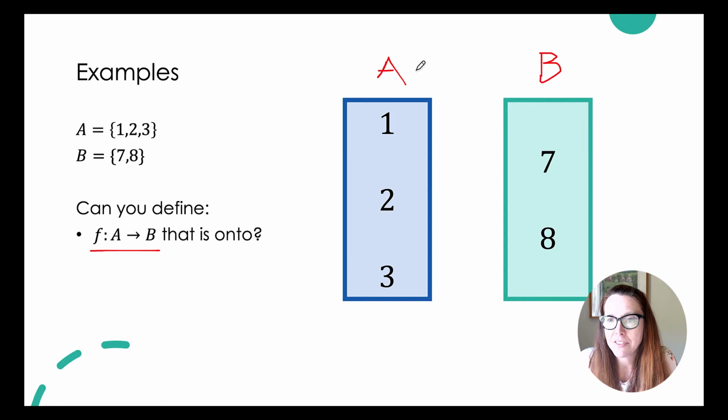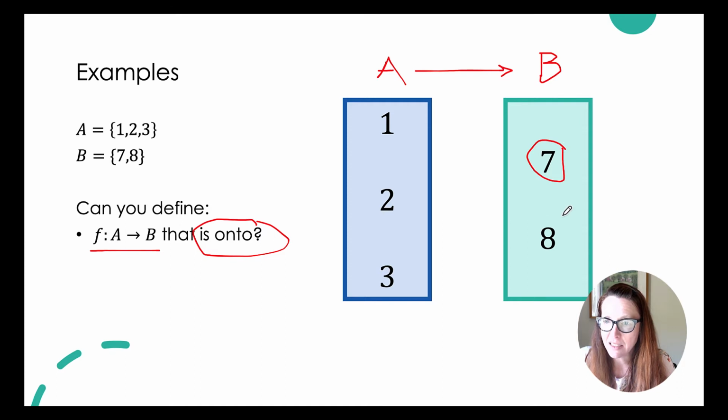We want f to take elements from A and map them to elements in B. And more importantly, we want that function to be onto. What that means to be onto in this example is that for each of our elements here in B, there's some way to get there. There's some mapping from the set A over to the set B.